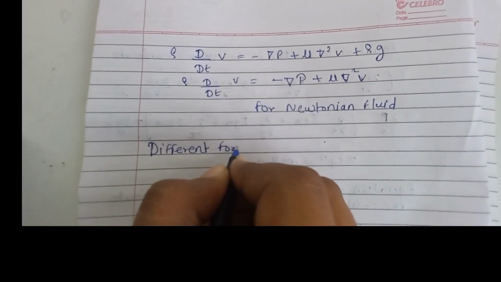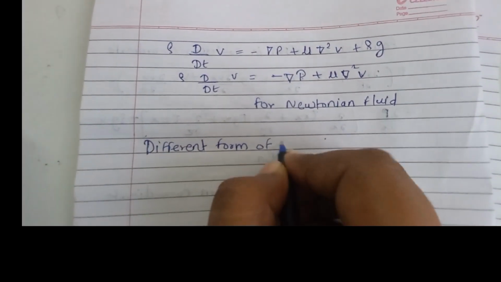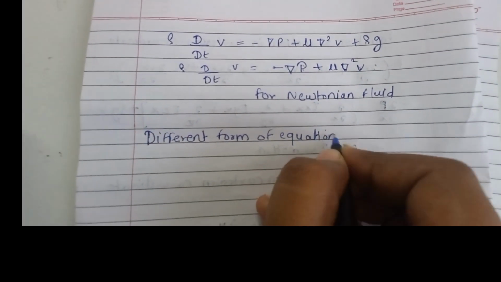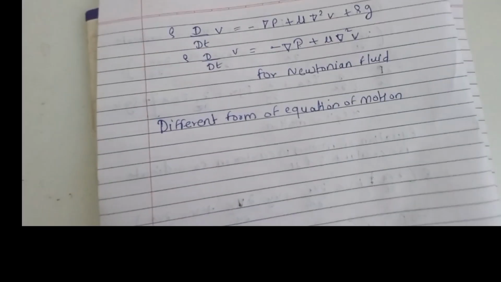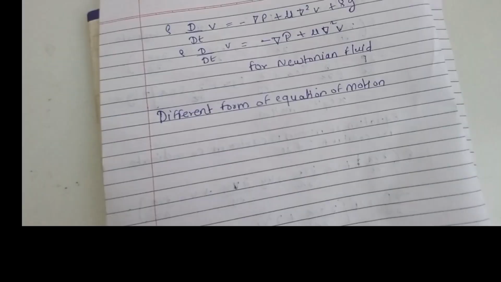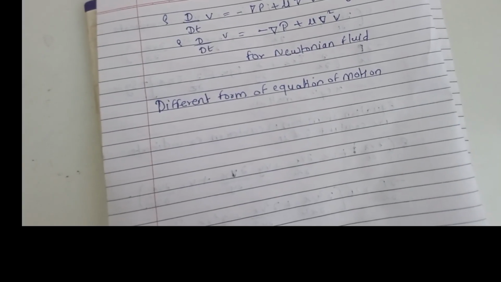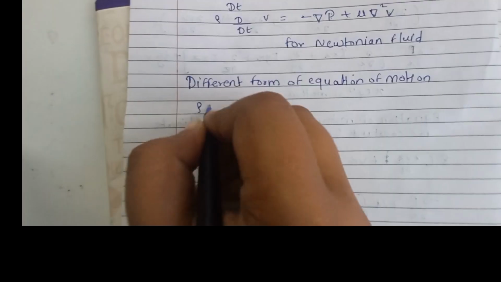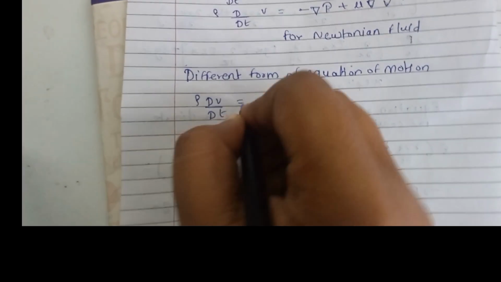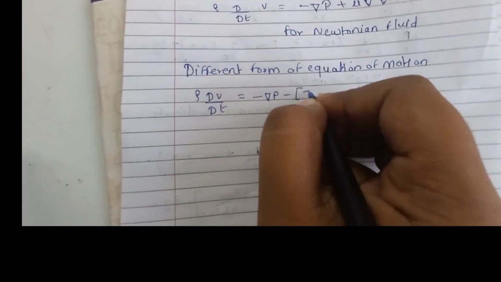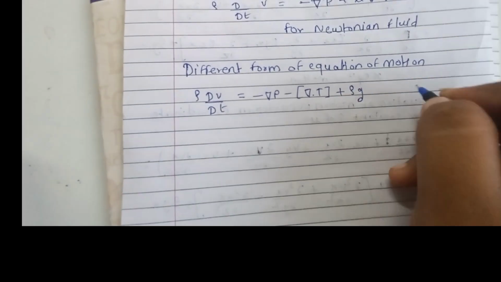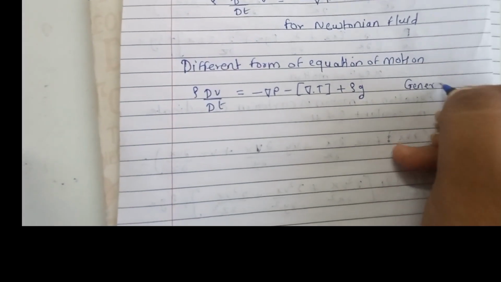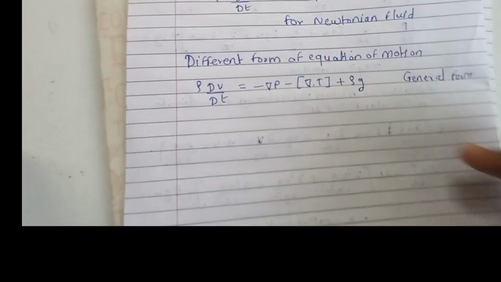So we can write different forms of the equation of motion, and we can generalize the terms by combining each and every term and writing the del operator in place of del by del x square, del by del y square, and del by del z square. So density times dv by dt, that is the substantial derivative of velocity, as I have already mentioned, equals minus del p minus del tau plus rho g, that is the general form.